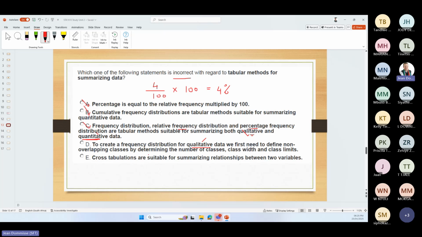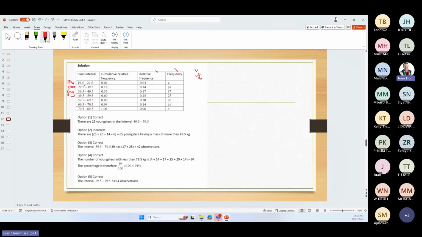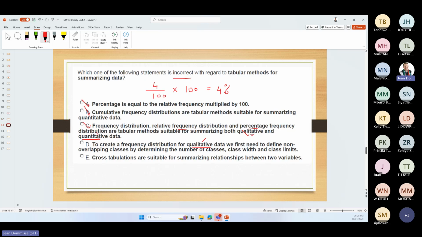So that you will need to do when we look at quantitative data, because we will want to know the class interval is from 19.5 to 29.5. There are 7 classes. So that we all do with quantitative data, not with qualitative data. Okay, so that again is the big difference between quantitative and qualitative.